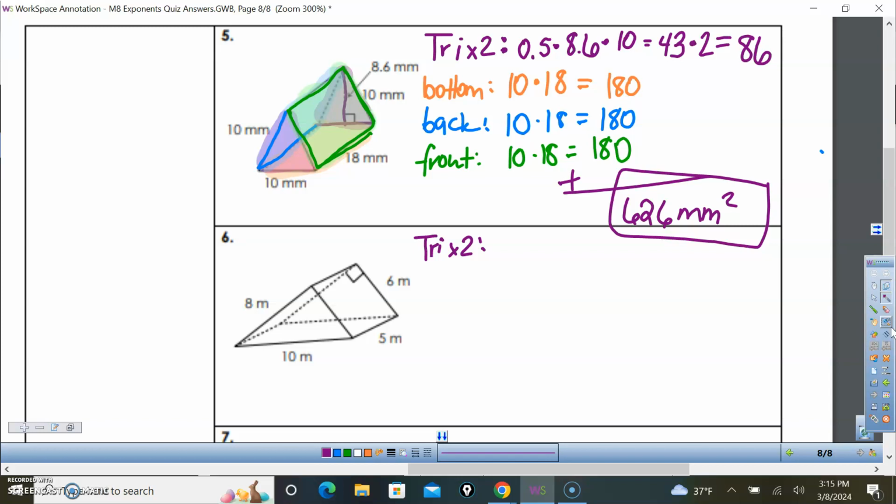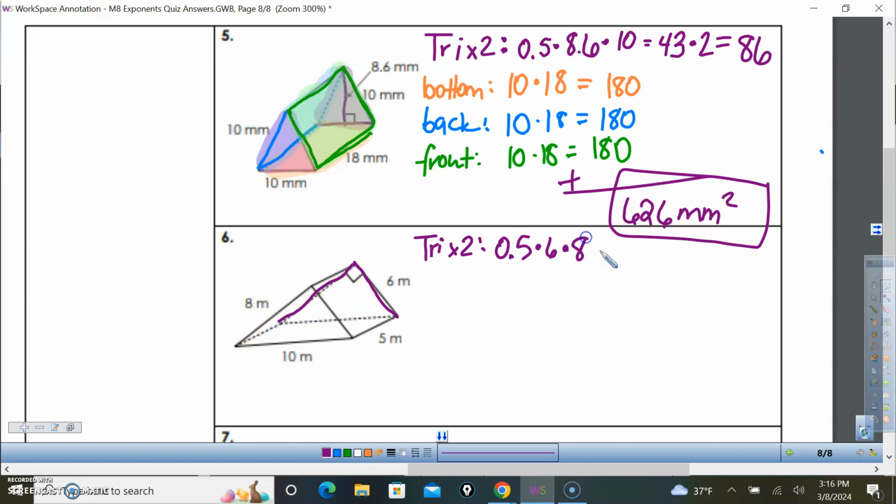And so for my triangle, I need a right angle. And at the back of my shape here, I see that right angle. I see that this is a right triangle, and I can see that this is 6 meters here. So I'm going to multiply 0.5 times 6 times, now to follow the height of that right angle right there, I'm following this dotted line at the back here, which it doesn't have an exact label, but I can see that it's the same size as this one up front.